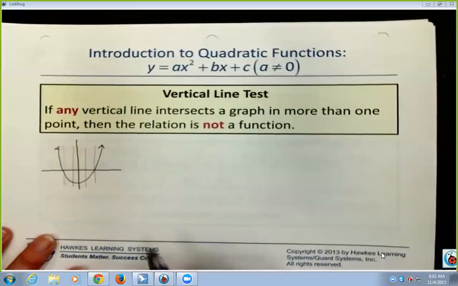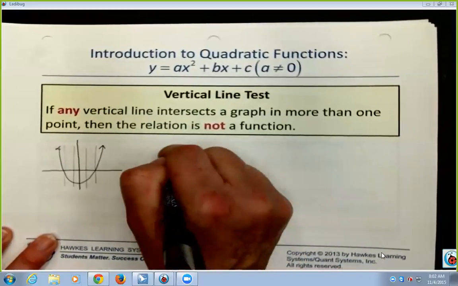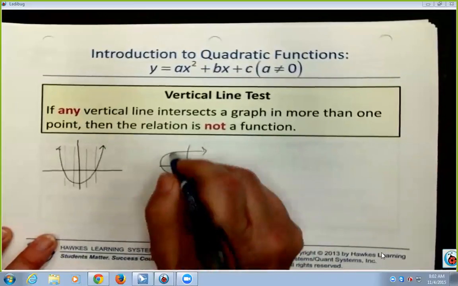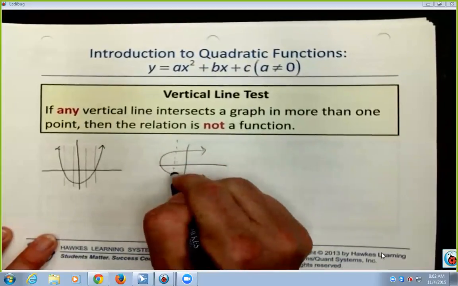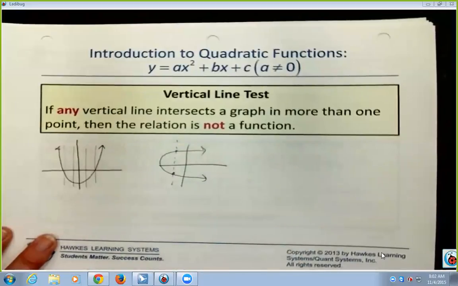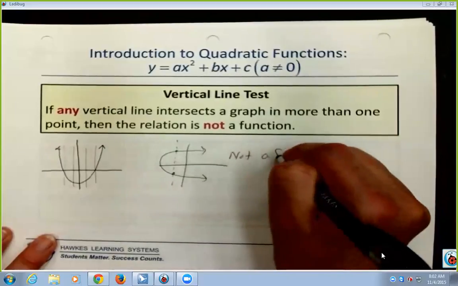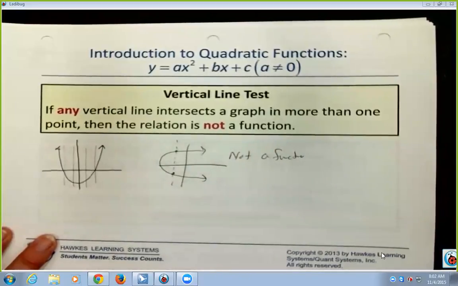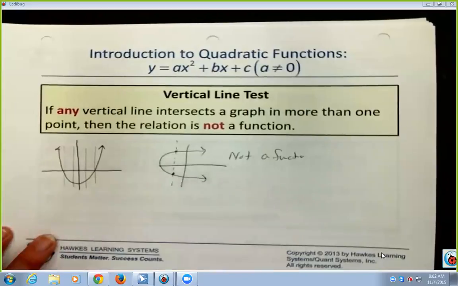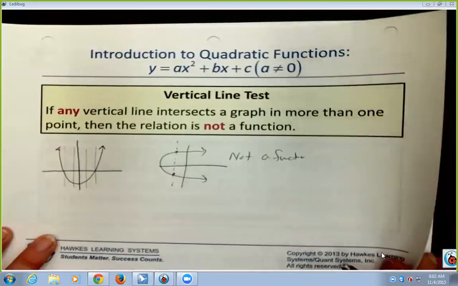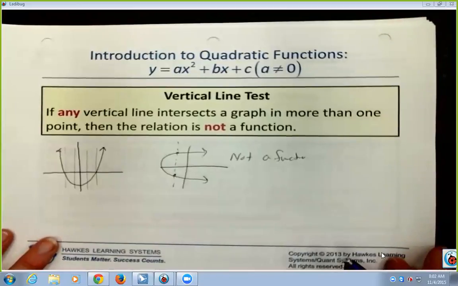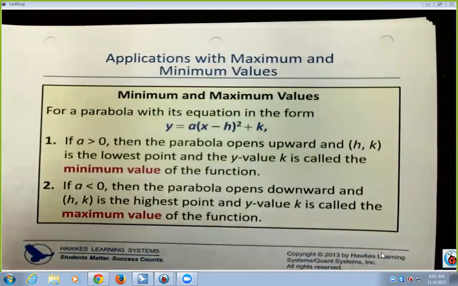If it's not a function, it might be a sideways parabola. And as soon as I drop a vertical line, it crosses in 2 points. So if it crosses in 2 points, it is not a function. So we get those little pieces in there so that we find out whether we've got functions, whether we don't have functions, and what ends up taking place with those. So that's the kind of thing we're going to look at with these as well when we go through and take a look at what your functions happen to be.